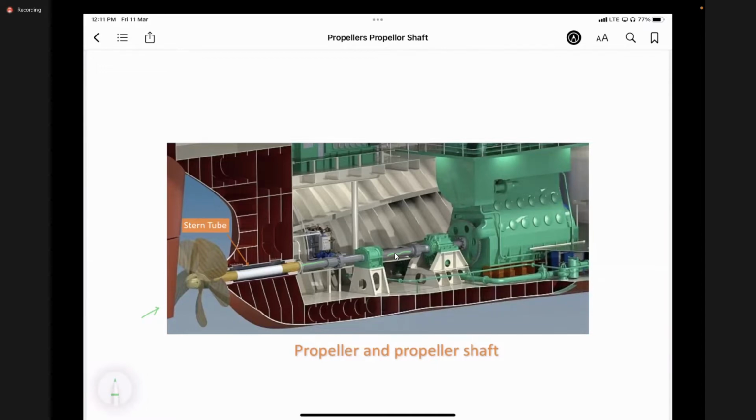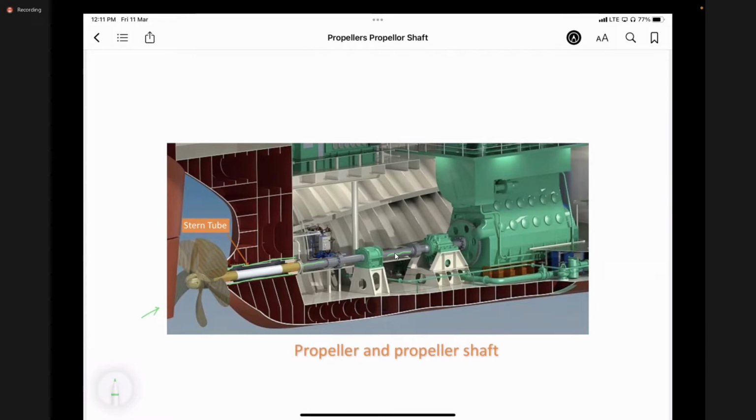This tube that facilitates the passing of the shaft from inside the ship to outside the ship is the stern tube. Remember, the stern tube is not the shaft exactly. Stern tube is the passageway through which the shaft is passing.